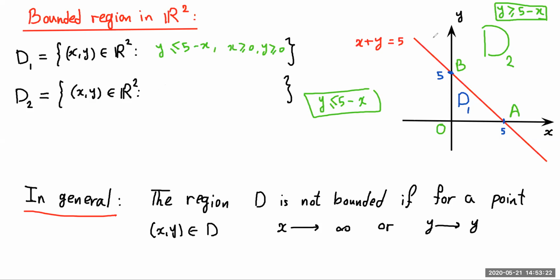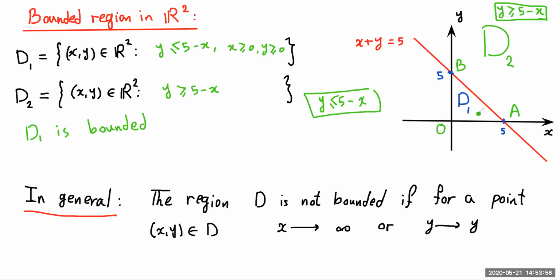D2 is up of the line. So D2: y greater or equal to 5 minus x. Is D1 bounded? Yes, D1 is bounded, because all of the points inside D1 will not go to infinity.